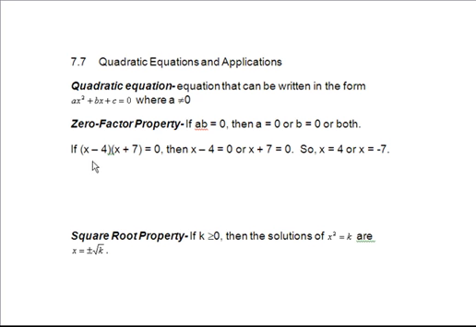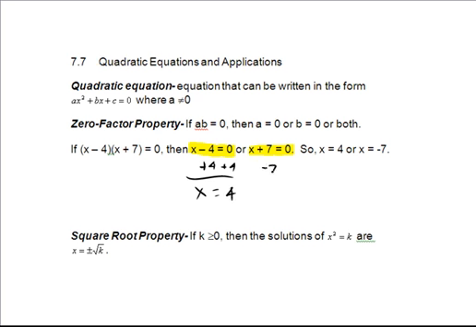So if we have a quadratic equation that has been factored into two binomial factors and they're multiplied to give us 0, what we know is one of those two factors has to be 0 for that product to be 0. And so if we add 4 to both sides of this equation, we get x is equal to 4.